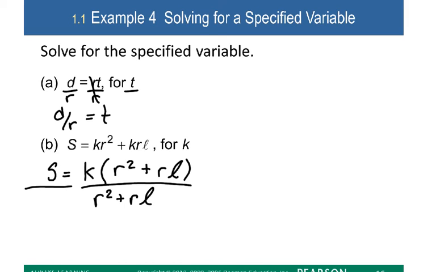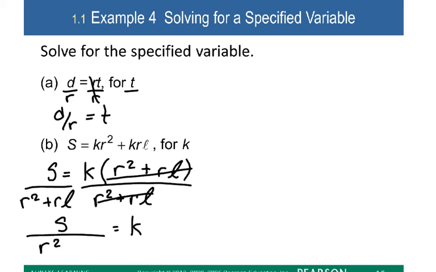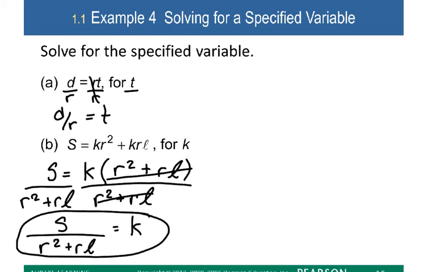So again, do it to the other side also. Once we divide both sides, that completely cancels out, and we're left with k all by itself. So k is equal to s over r squared plus rl. And that is our solution.